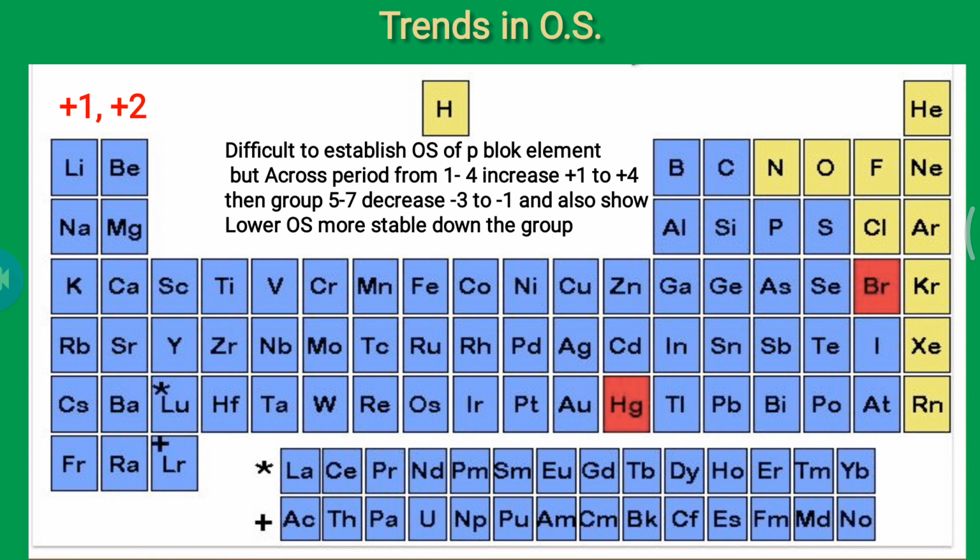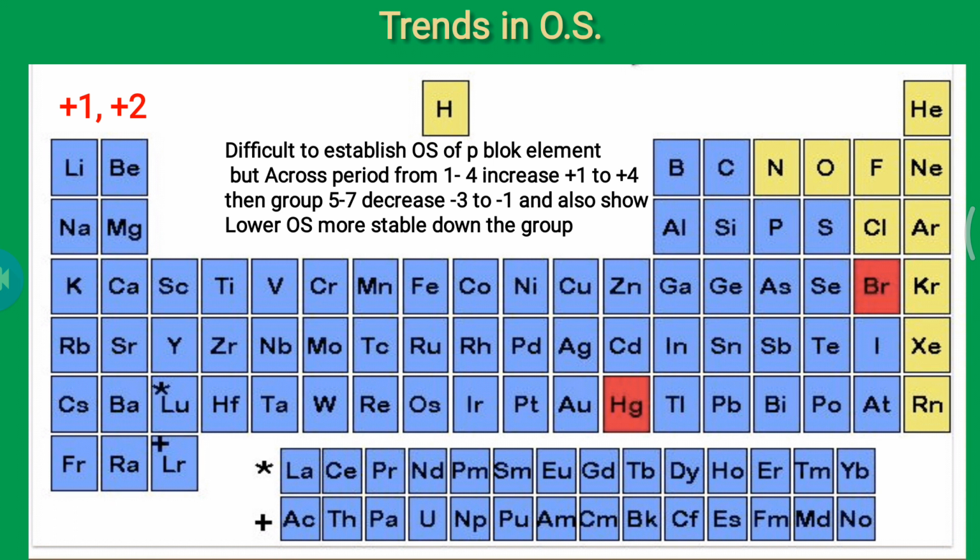Across the period, from group 1 to 4, lithium, beryllium, boron to carbon, the oxidation state increases from +1 to +4. Then for groups 5 to 7, nitrogen, oxygen, fluorine, it decreases from -3 to -1.